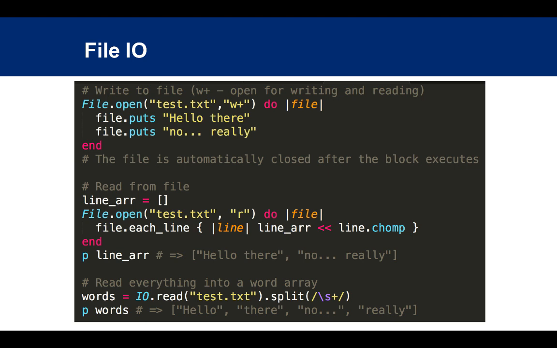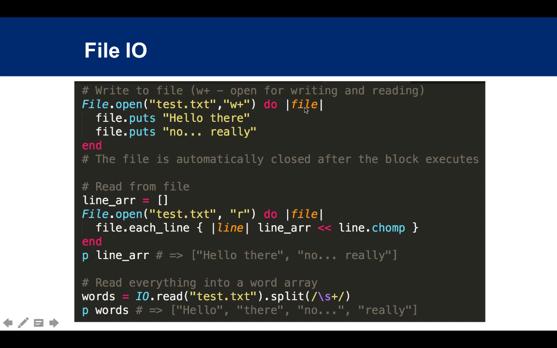Somewhat unrelated topic, file I/O. So the way you read and write files in Ruby is you have to open a file, and then you specify permissions. In this case, it's reading and writing, W+, and you pass the file argument to a block.